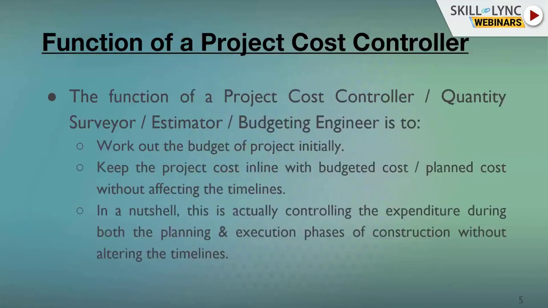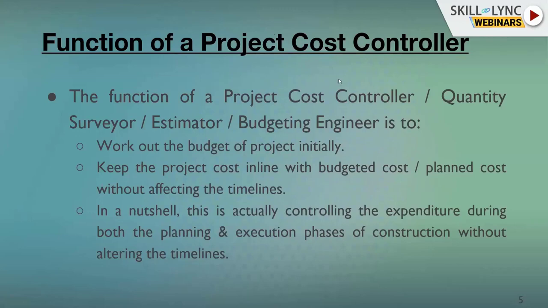Now we'll see what is the function of the project cost controller. Basically, these are the responsibilities. The function of the project cost controller, whom we call quantity surveyor or estimator or budgeting engineer, is to work out the budget of the project initially, and keep the project cost in line with the budgeted cost and planned cost without affecting the timelines.